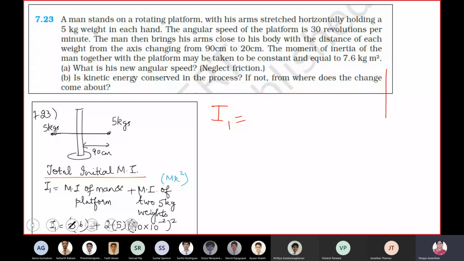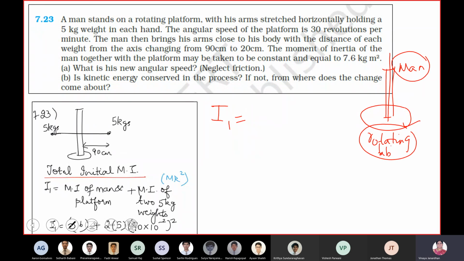The person is standing on a turntable. This rotating table has a moment of inertia, plus the moment of inertia of the man. So first and foremost, the moment of inertia of the rotating table plus the man is given as 7.6 kilogram meter squared.